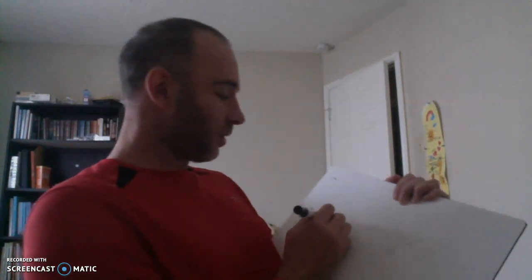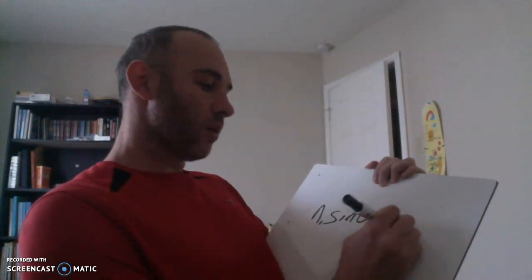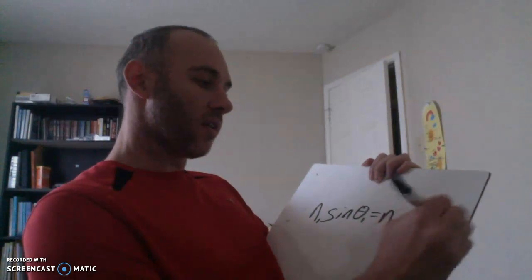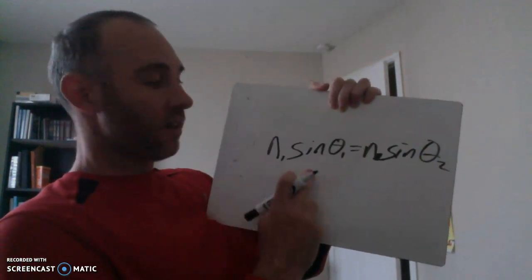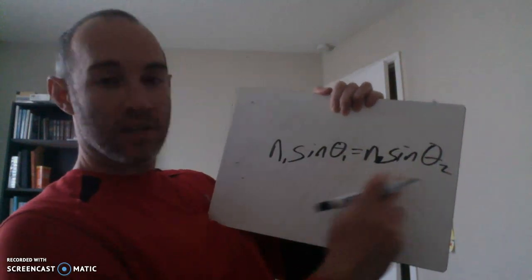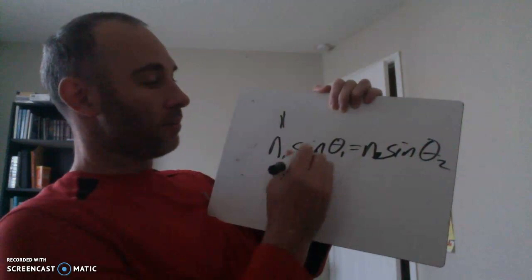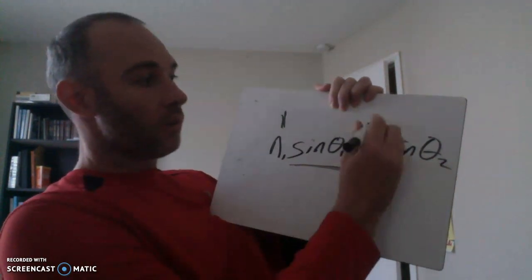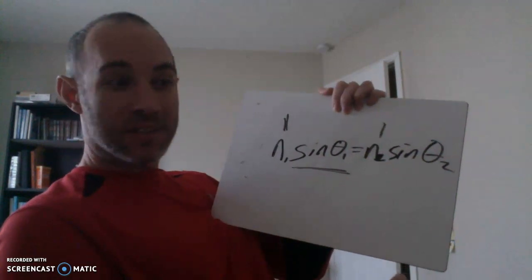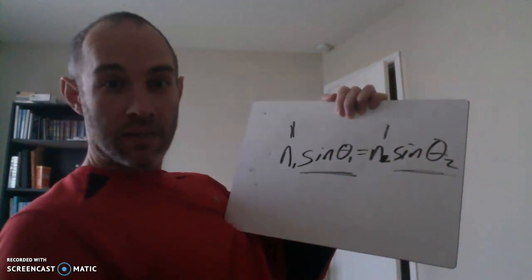So Snell's law looks something like this: n1 sine theta 1 equals n2 sine theta 2. The index of refraction of the first material times the sine of the incoming angle equals the index of refraction of the second material that you're moving into times the sine of the outgoing angle.